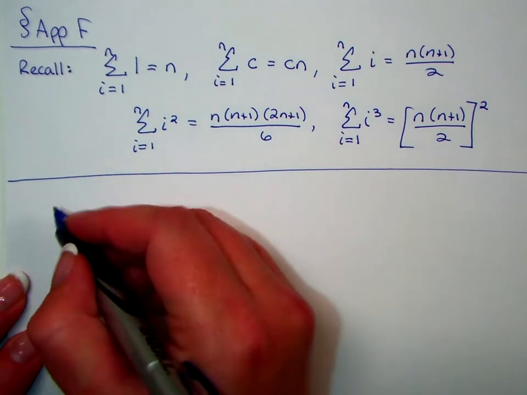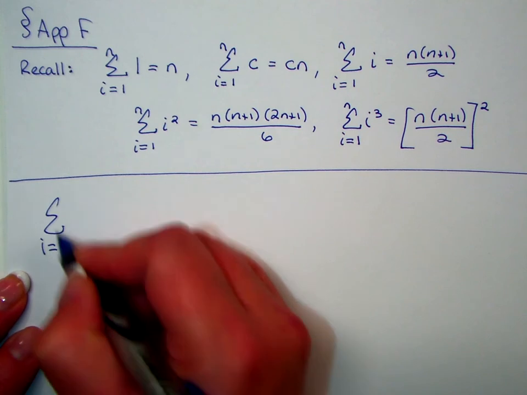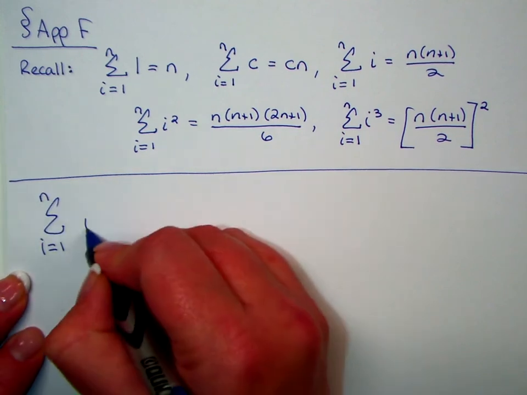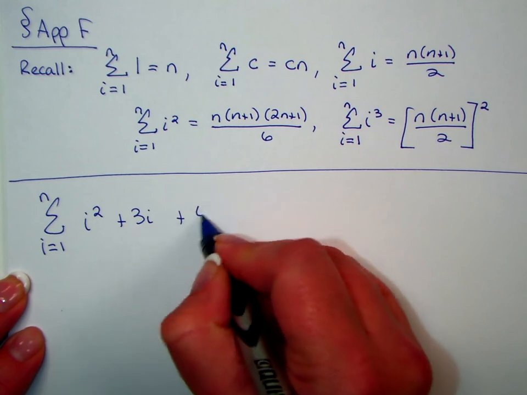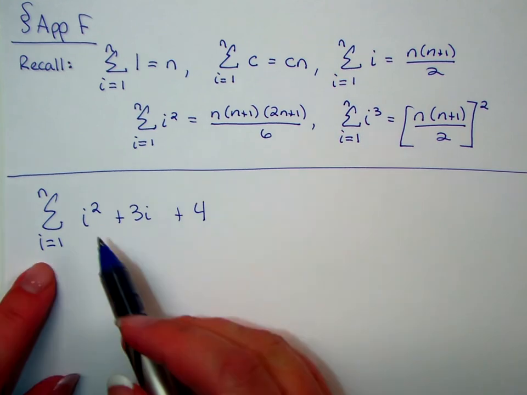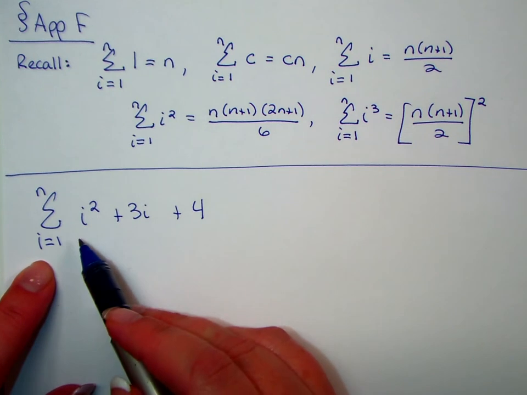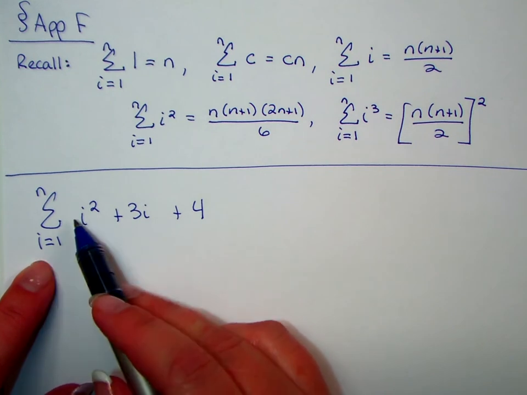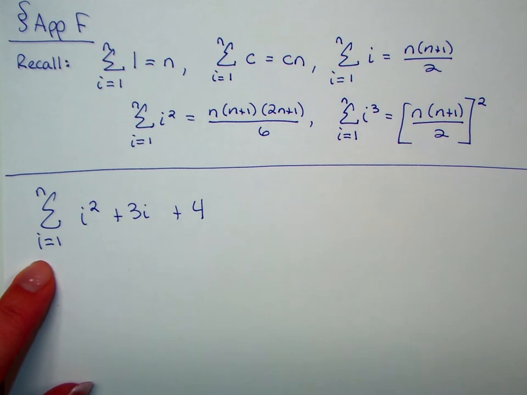So first, let's do the sum from i equals 1 to n of i squared plus 3i plus 4. Right? So what we can do here is separate this out. If this is the expression that we want to sum, I can split this up into the sum of the first term plus the sum of the second term plus the sum of the last term.